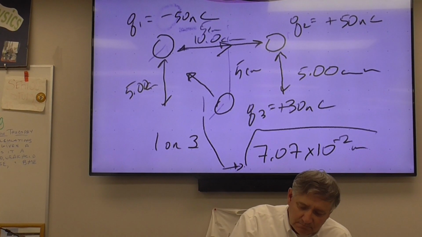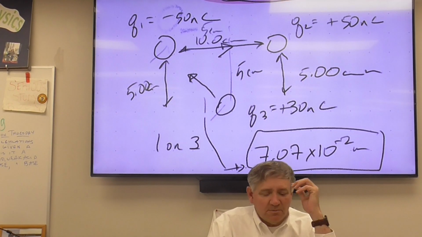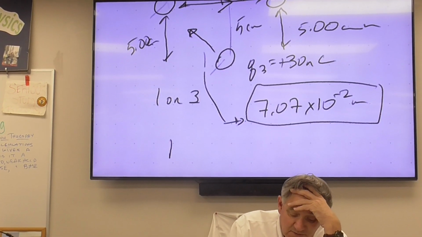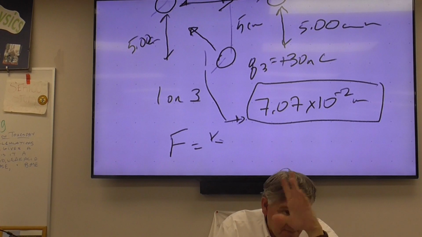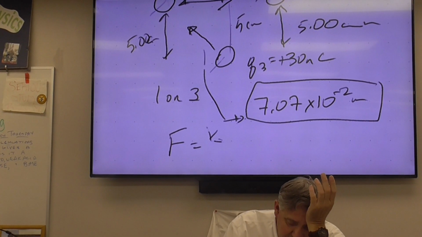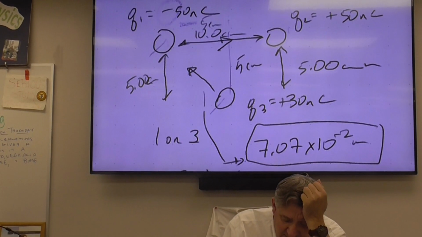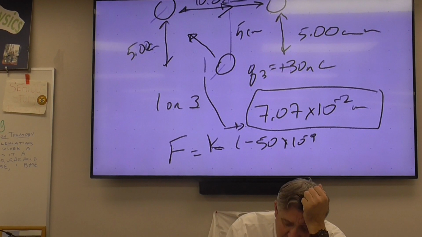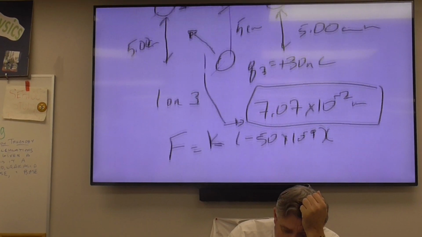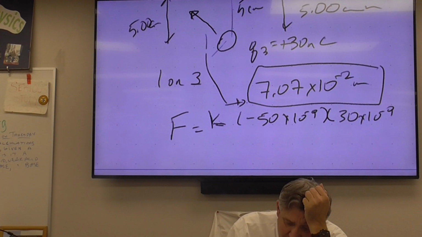Okay? Now, this is actually where you can get a little bit clever. So the force is going to equal K. I'm not going to write out the Coulomb constant, it's just going to be K, times negative 50 times 10 to the negative 9 times 30 times 10 to the negative 9.